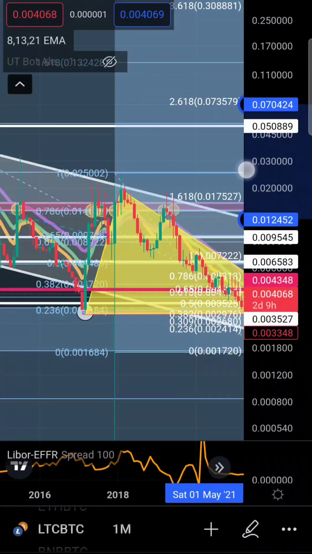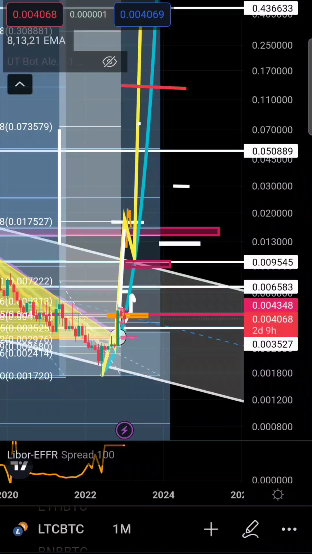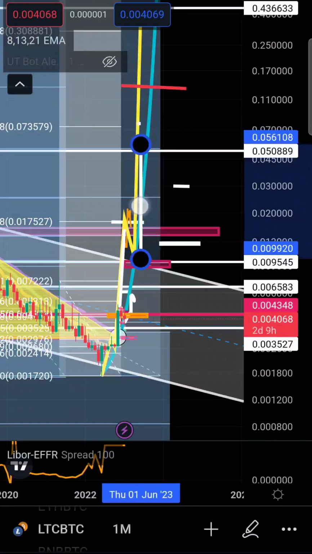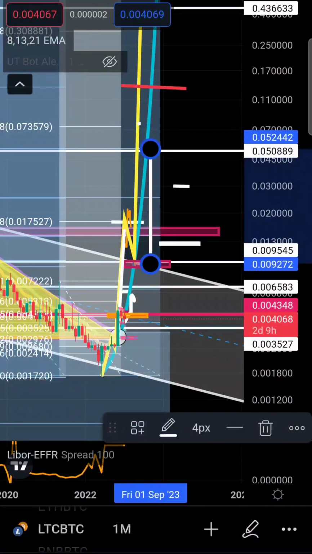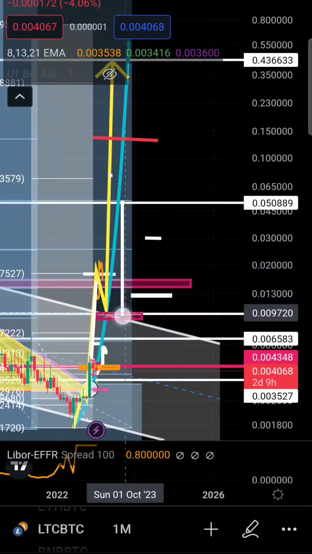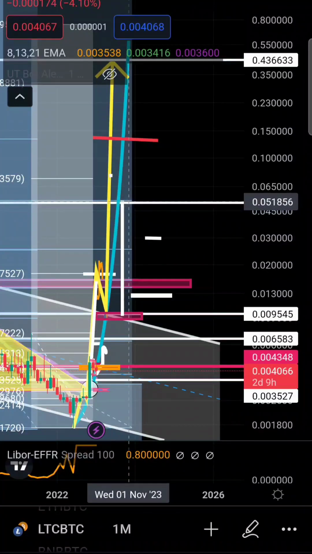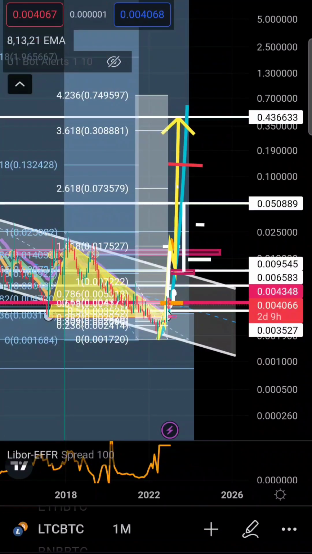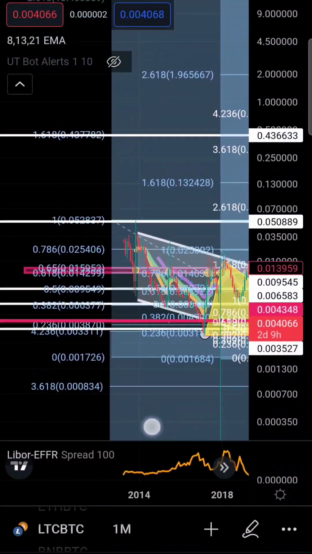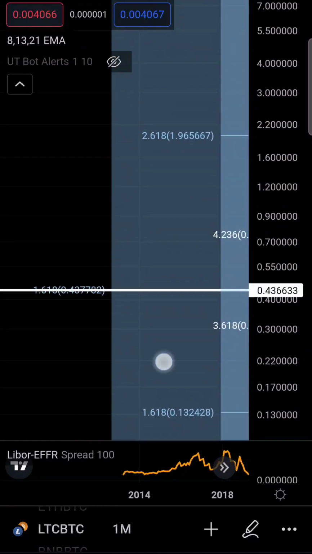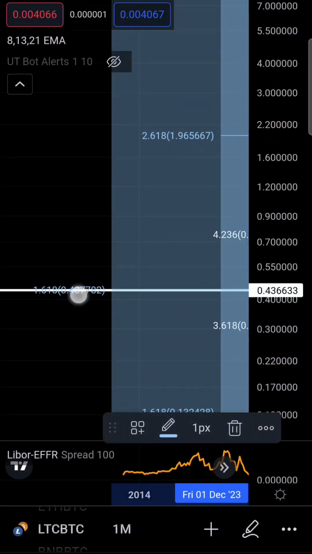We would take this, and wherever we break out, just say in this area over here, something like that, I have no idea. From 0.009, we could go all the way up to 0.05 BTC. That could be the first major move out of the channel. Ultimate target says around 0.43 BTC.